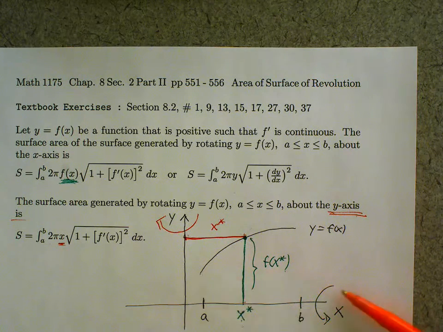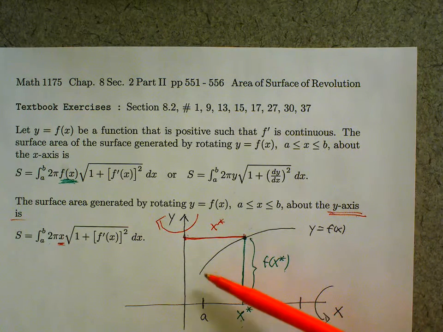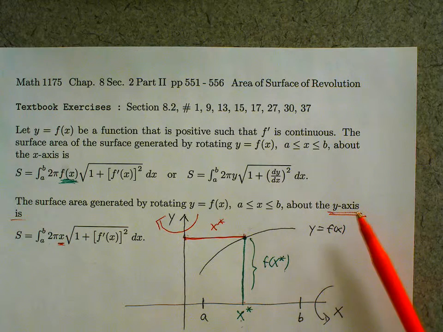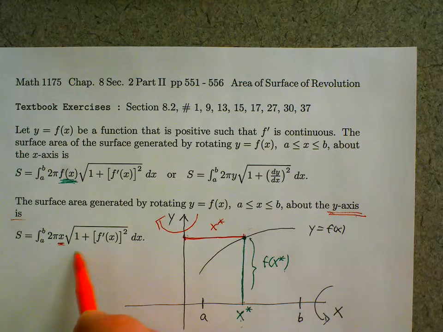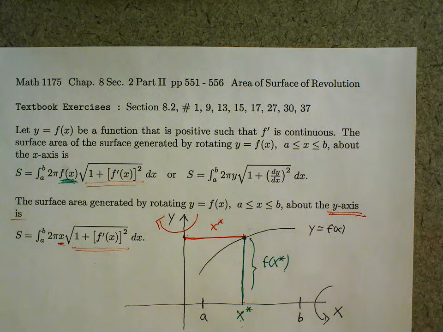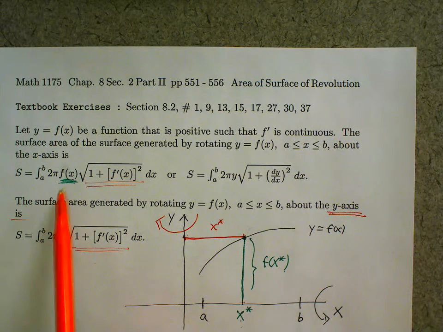If we rotate this about the x-axis, this curve has a specific arc length. But if we rotate the same thing about the y-axis, the arc length didn't change, right? It's still the same arc length. So the square root of 1 plus the square of f prime of x can be the same in both integrands. The only thing that's different is the radius.